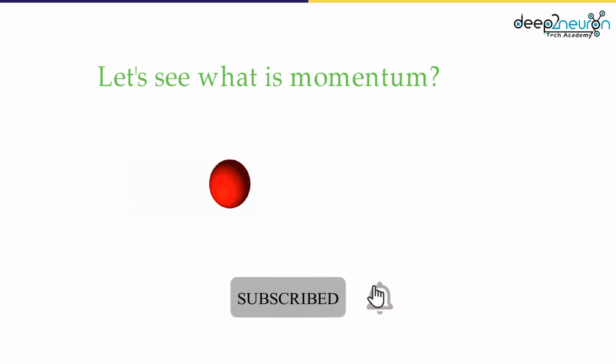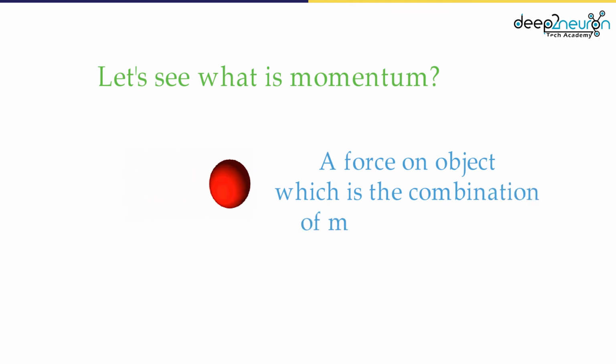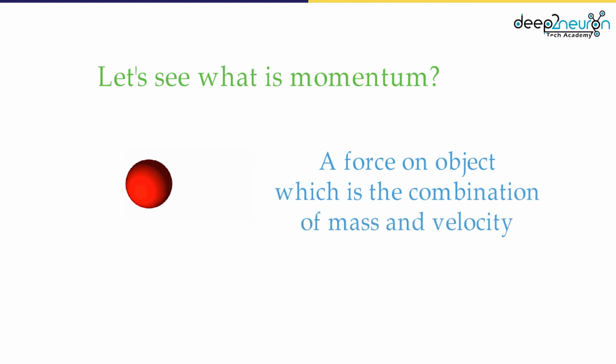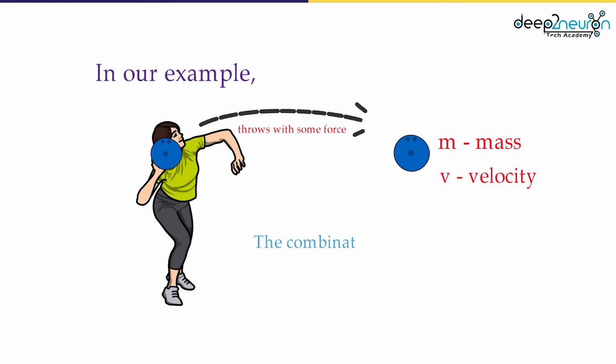Momentum is nothing but the force of a moving object, which is the combination of mass and velocity. In our example, the player throws the ball with some force. The ball has its own mass. While throwing the ball, it creates some velocity. The combination of all these things is known as momentum.